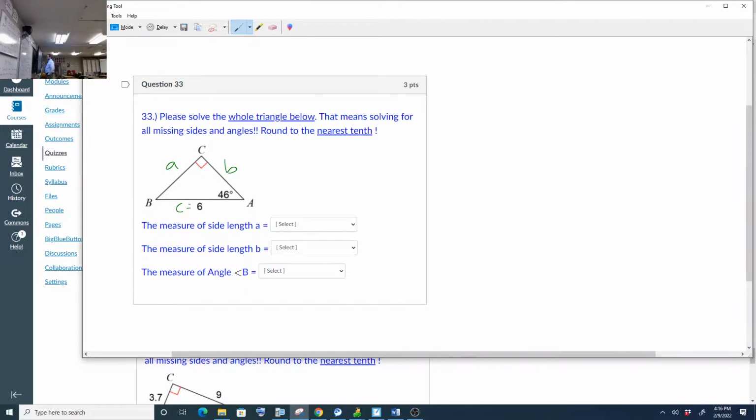To find little a, what I would do first is set it up. Remember that it's trig of some angle is equal to something over something. It's called our setup. We have a side length, we also have an angle.